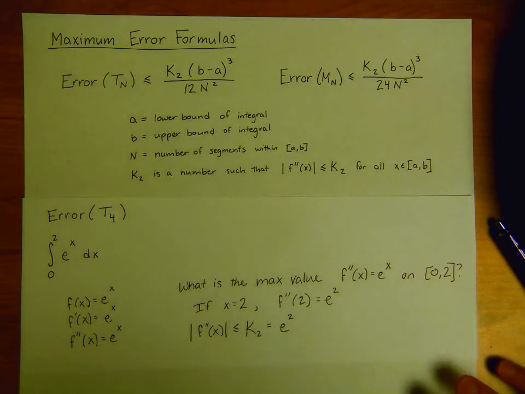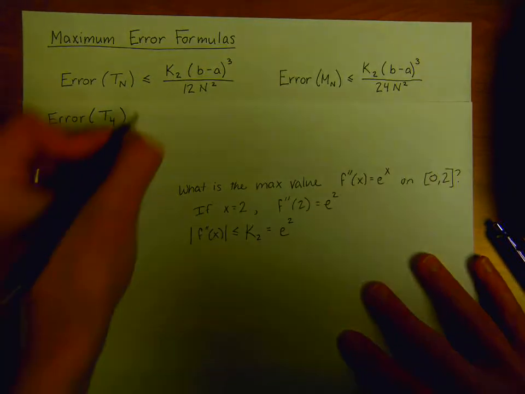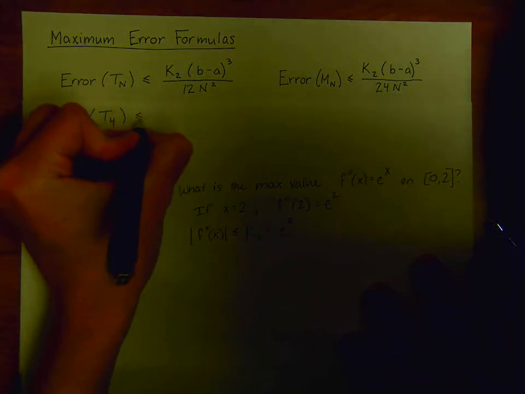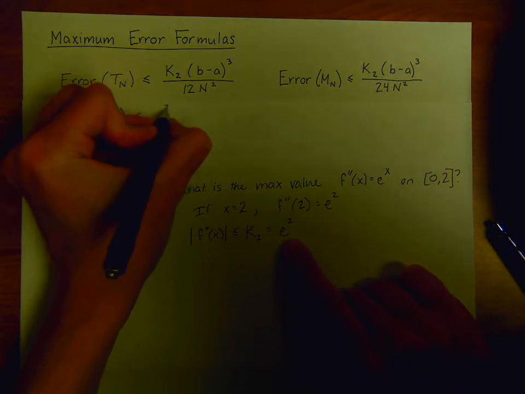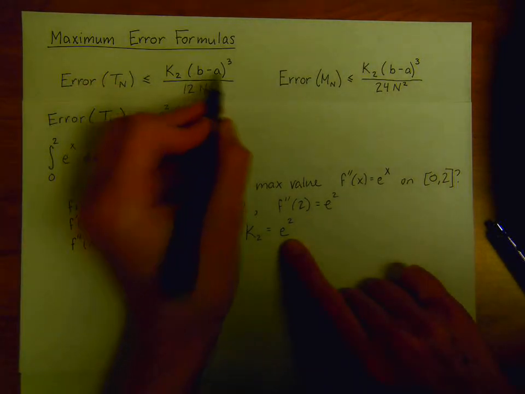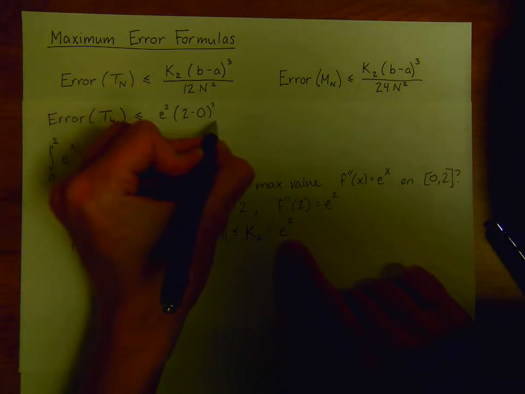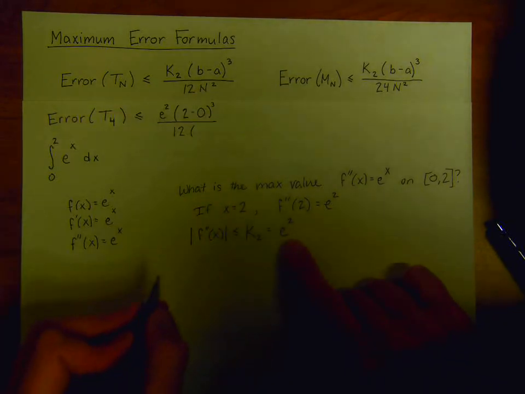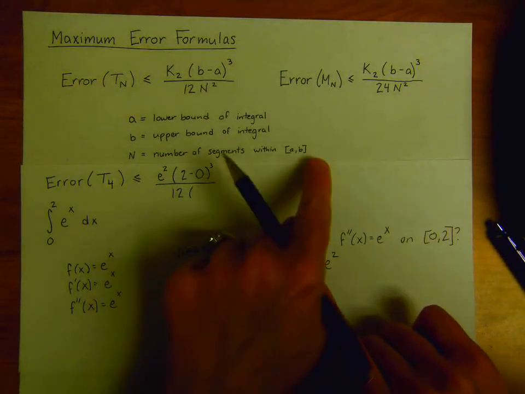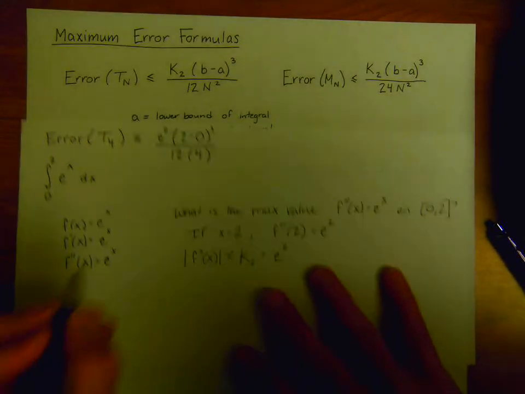So now we can go ahead and apply our error formula. For T4, the error is going to be less than or equal to K2, which we've decided is e squared, times (b minus a) cubed, which is 2 minus 0 cubed, all divided by 12 times n squared, where n is the number of segments, 4.